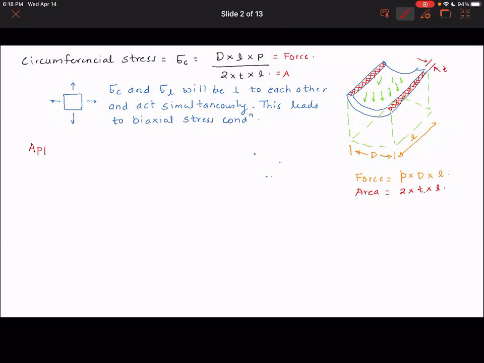This is called the apparent or total longitudinal stress, or actually the net sigma L. So the net sigma L is the sigma L that we calculated minus sigma C divided by M, and net sigma C is equal to sigma C minus sigma L divided by M.